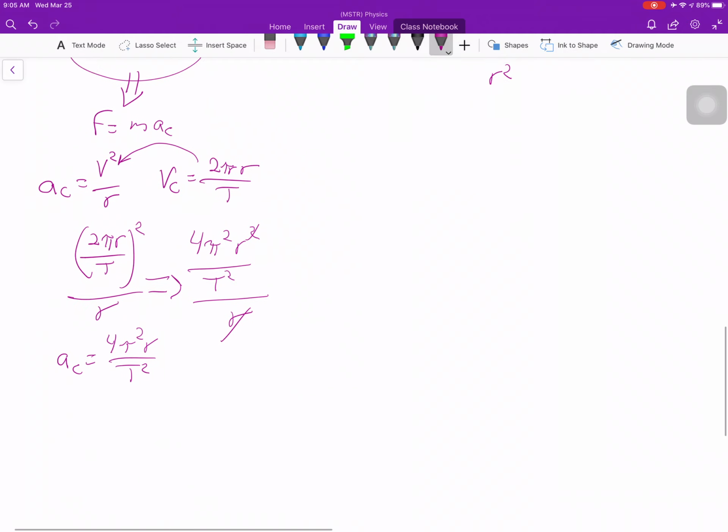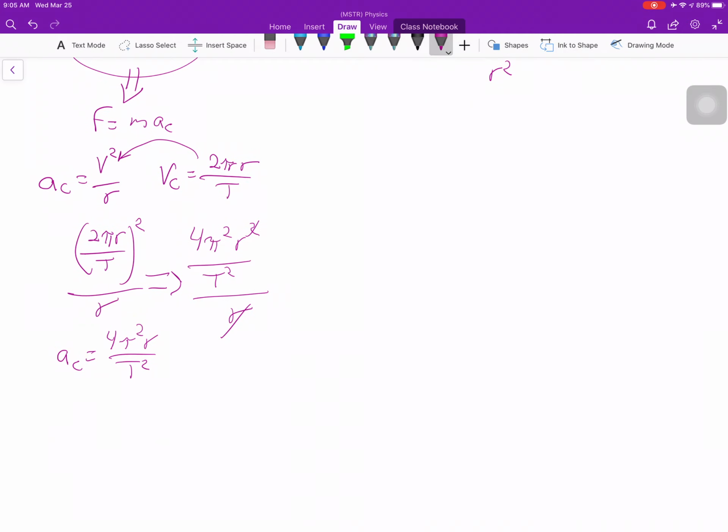And then when we sub that in, since we have force equals mass times acceleration, we just will have this formula, F equals mass times 4 pi squared r over T squared. Well, when we were dealing with these objects, remember that it was the mass of the object on the planetary body.